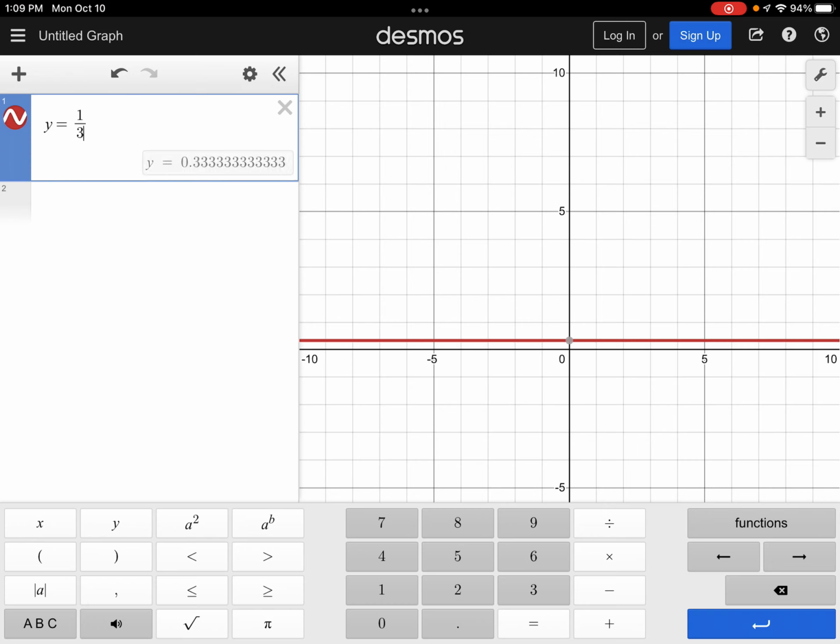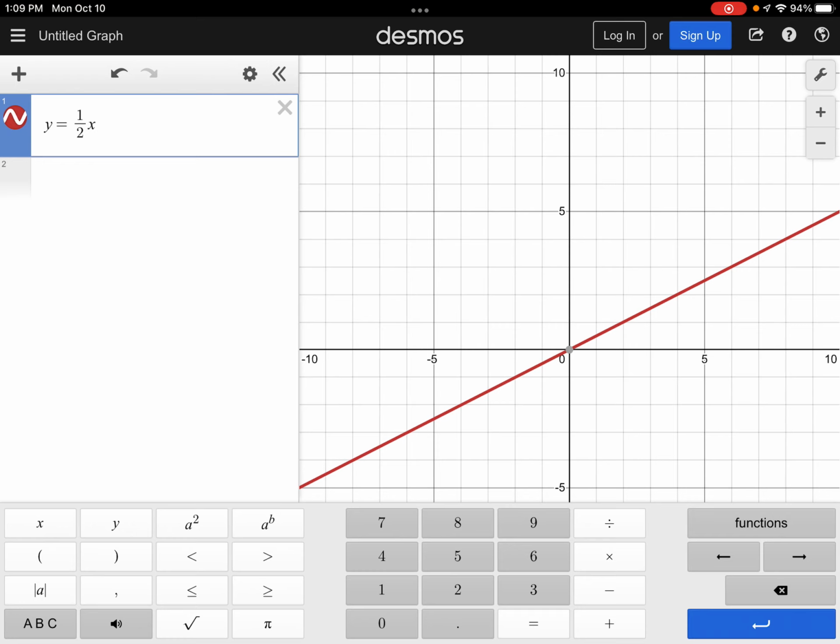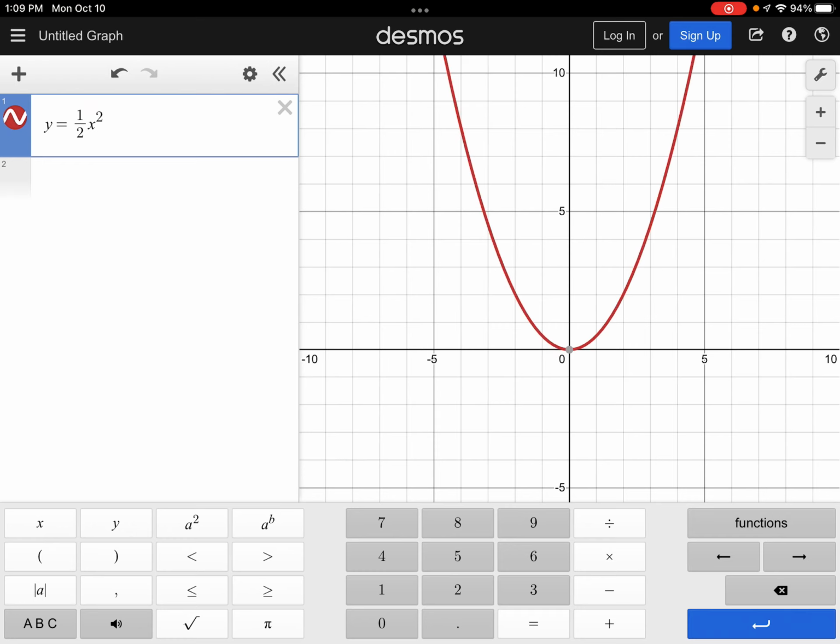So let's get that truly typed in. So 1/2 x squared. All right. And look what we get. Well, we get a new kind of graph, at least new for us this year. It's called a parabola. And a parabola is a beautiful kind of graph. It's got this particular U shape to it.